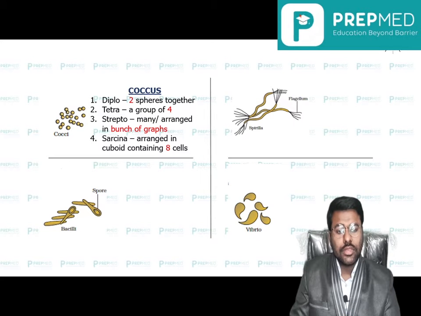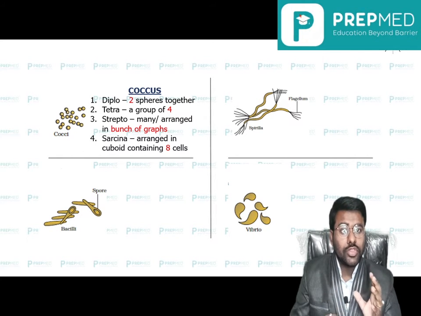The Diplococcus is when there are 2 spheres joined together. What is the Tetracoccus? A group of 4 cocci joined together. Now coming to the Streptococcus, when many cocci are arranged like a bunch of grapes.